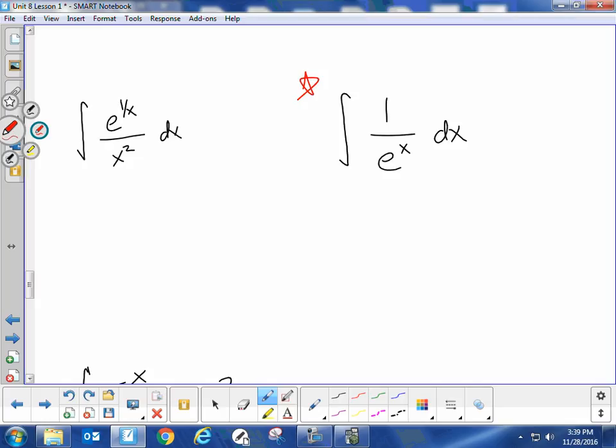Instinctual reactions. That's the ticket. We should rewrite it as e to the negative x. And you should be able to figure out that this antiderivative is the same as its derivative. It's negative e to the negative x. If you can't figure out that it's negative e to the negative x, you can set u equal to that negative x to figure out that you need that negative 1 somewhere.